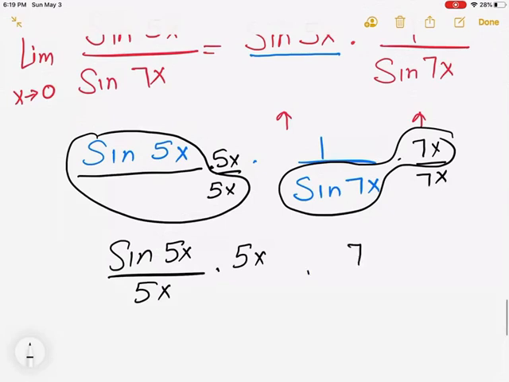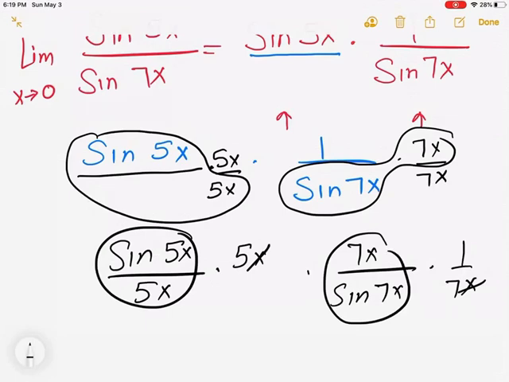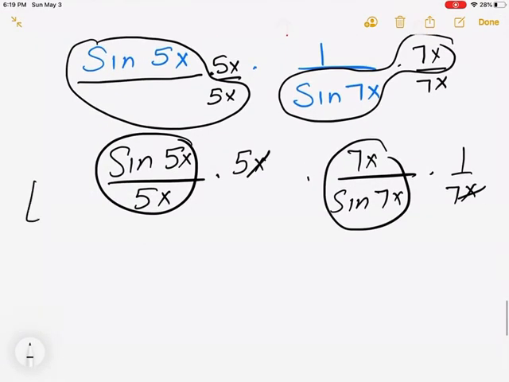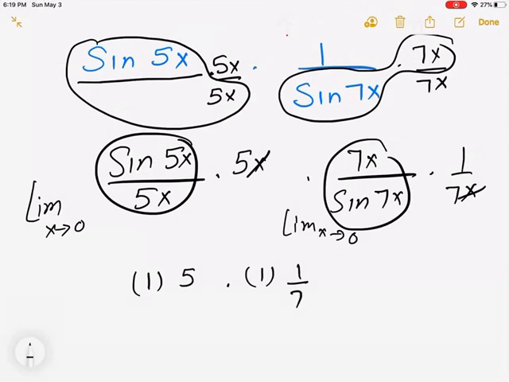Second one, 7x over sine 7x. Now I can simplify the x's here. This equation is going to be equal to 1 once I apply the limit. So this is going to be 1, and then I see 5. Then this is also going to be 1, and that's going to be 1 over 7. Put together, the answer is 5 over 7.